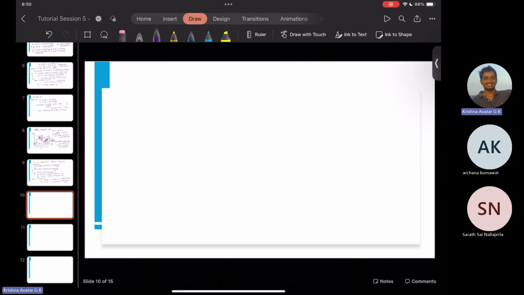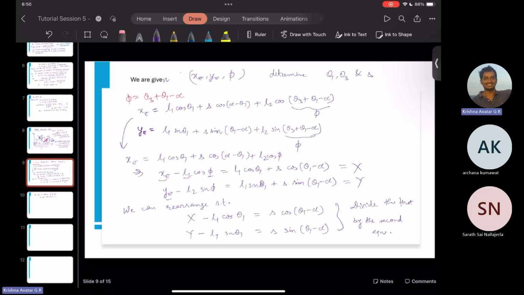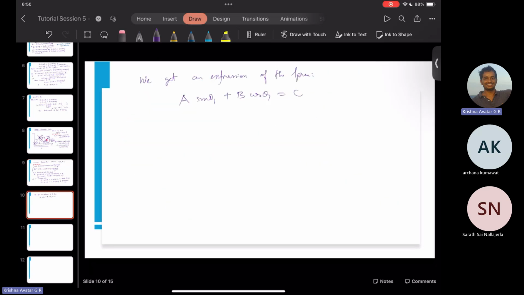And what we get eventually is an expression of the form A into sine theta 1 plus B into cosine theta 1 is equal to C. Of course, that's how after rearrangement we get, right?